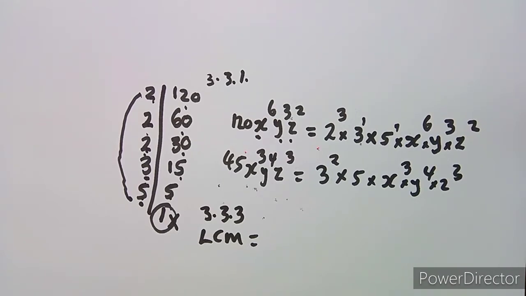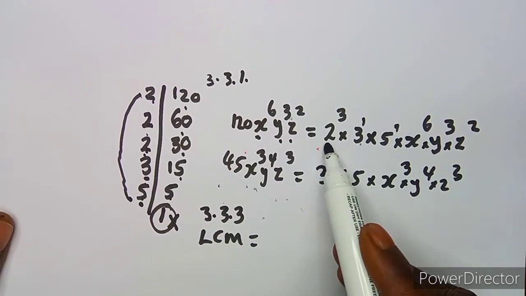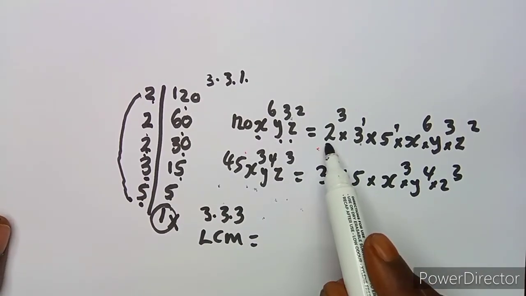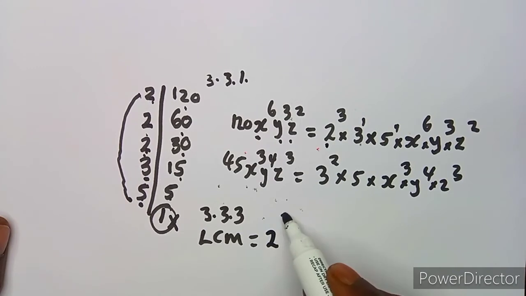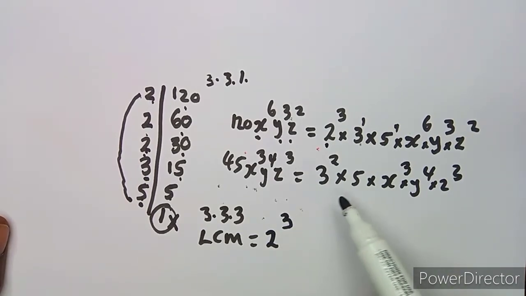The concept is that you take each and every term. So for 2, we're going to take this 2 to the exponent of 3. All right, we move on to 3.